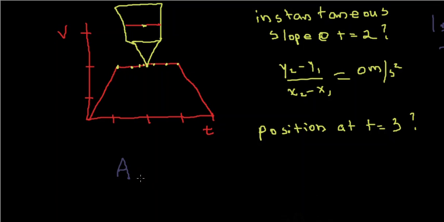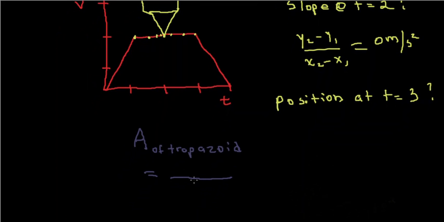So the area of a trapezoid is equal to height times the first base plus the second base, all this is height divided by 2.